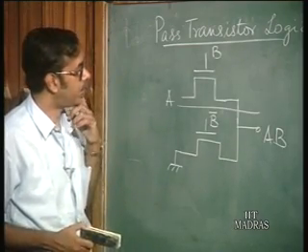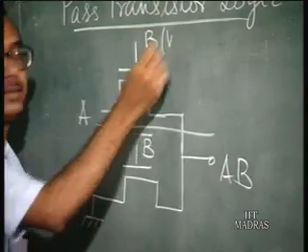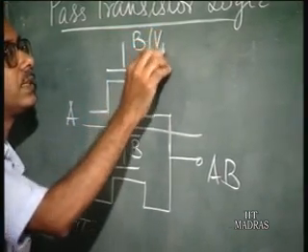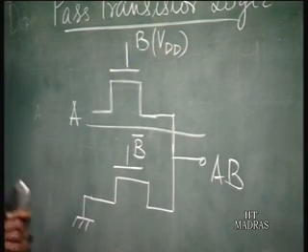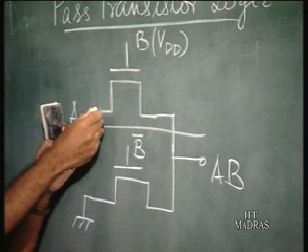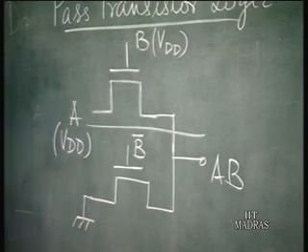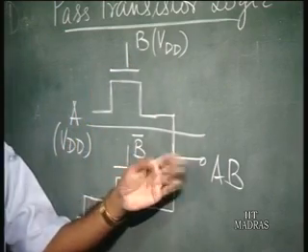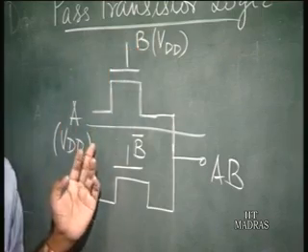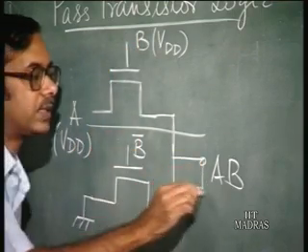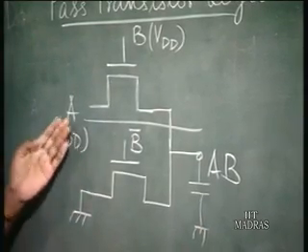The other point is, suppose this B is high here. That is, high means VDD. And suppose A is also high, VDD. Now what is going to be the output? Initially say output was 0. When this turns on, you think of it as a capacitance here.